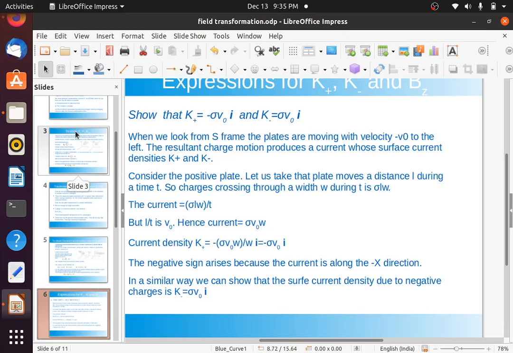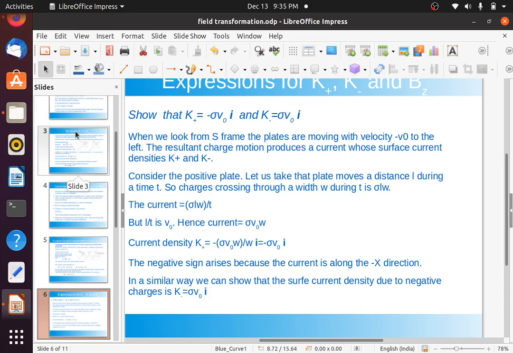Then the current density is the current per unit length. This current crosses through a width W, so you divide the current by W to get the surface current density.